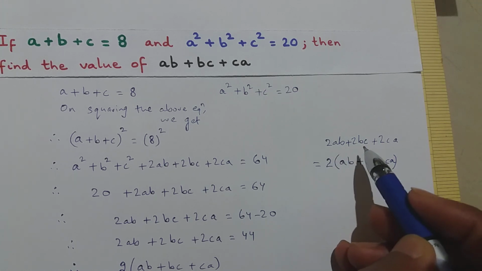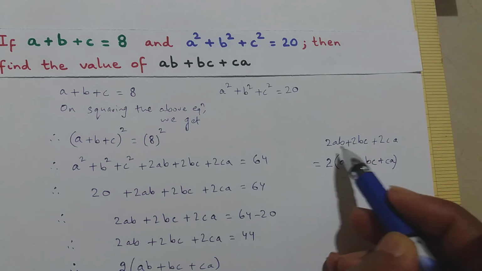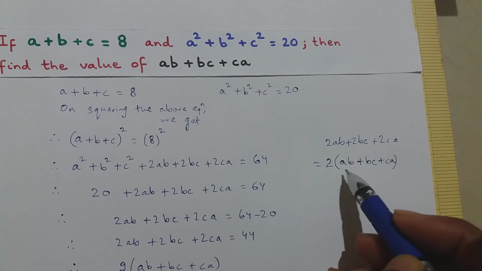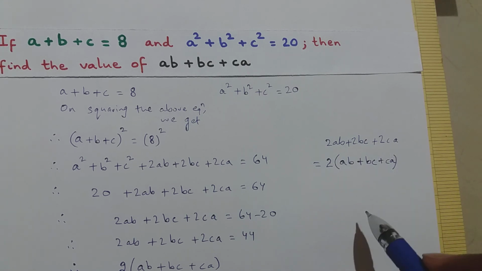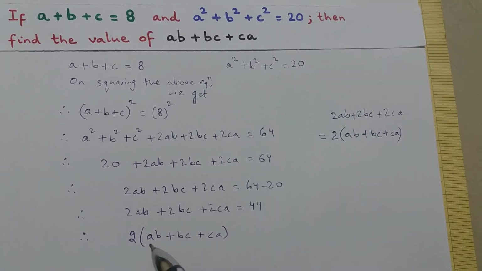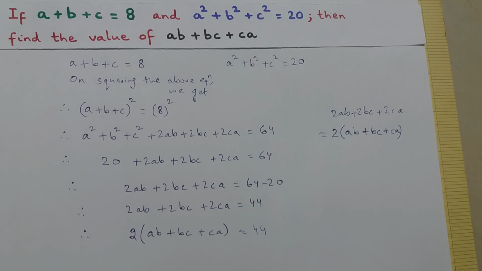So 2ab plus 2bc plus 2ca, when I factorize it, I get 2 into (ab plus bc plus ca), and that is exactly what I have written over here. That is equal to, on the right hand side, 44.